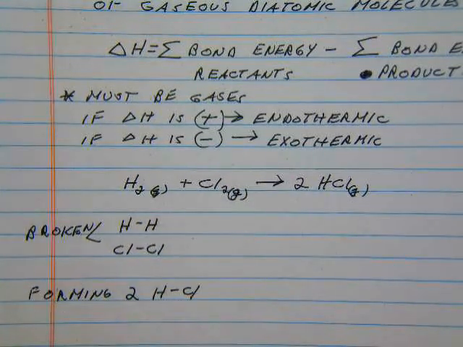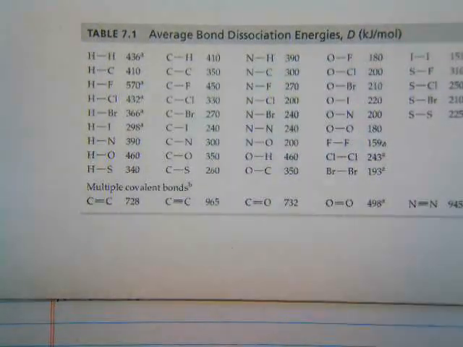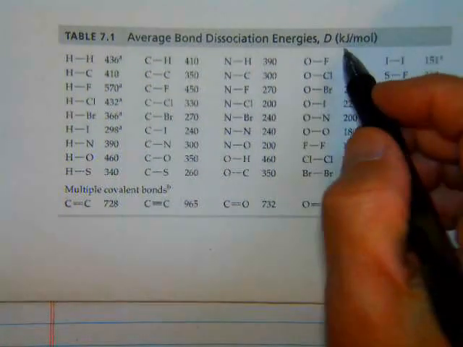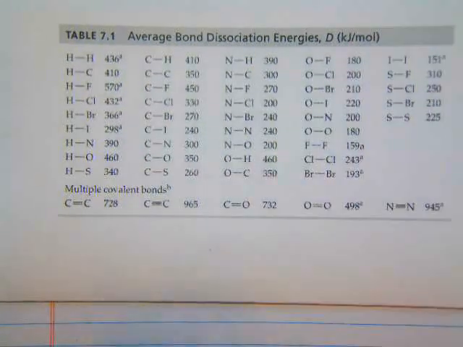Now you may ask, okay, that's good, but where do we get our values from? Well, there are many tables out there. You can find these all over if you Google them, and this is one I picked up. We're going to look at the bond dissociation energies, and these are averages. Notice we're working in kilojoules per mole.